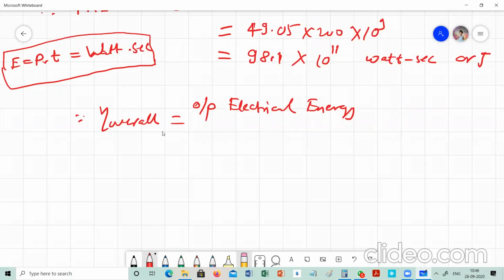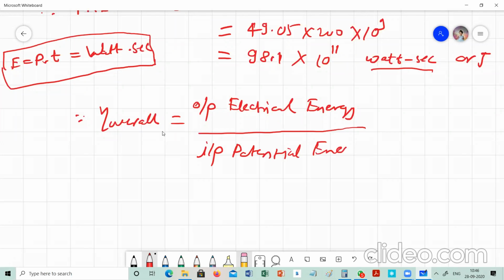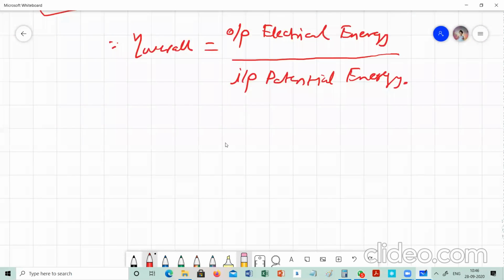Whatever the unit of the denominator, the same unit must be there in the numerator. The denominator, that is input potential energy, we have expressed in terms of watt second. So electrical energy output we can calculate in watt second.